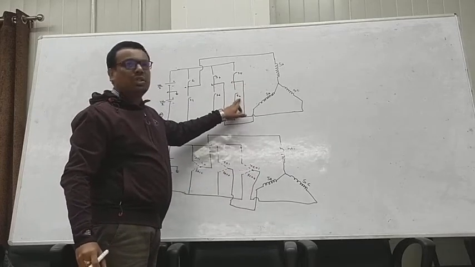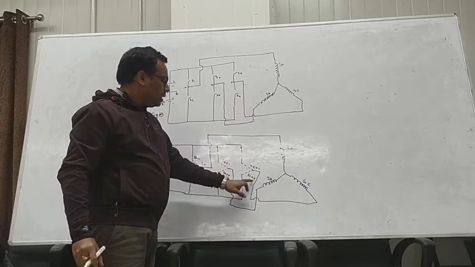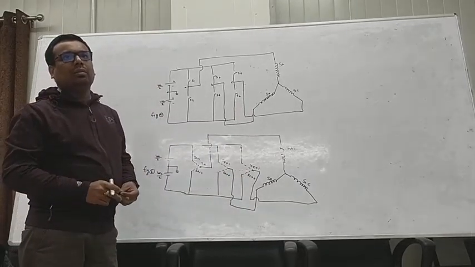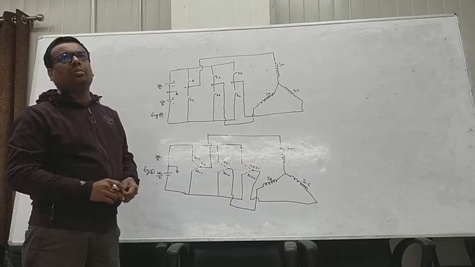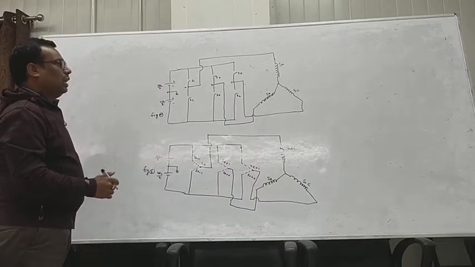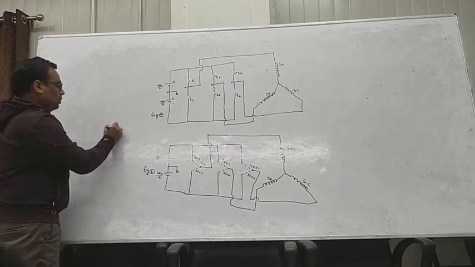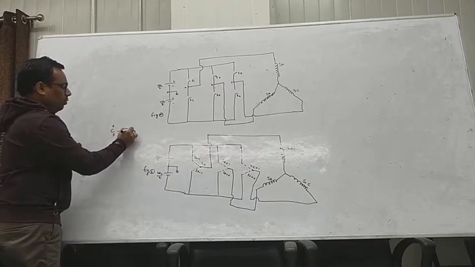If the bottom switch S2 is turned on, then SC is equal to 0. I already discussed the number of possible switching combinations for a two-level inverter, that is 2 to the power of 6 minus 3 into 4.